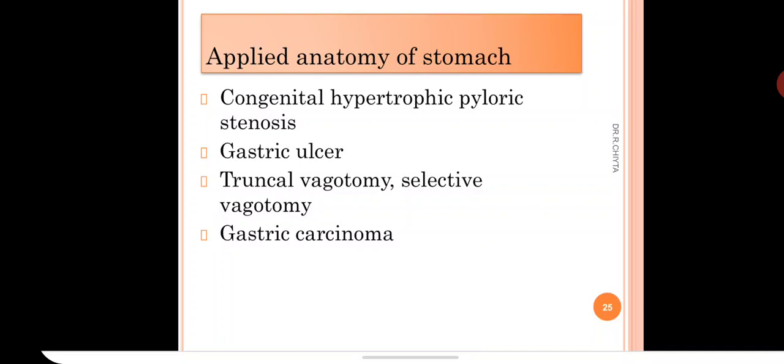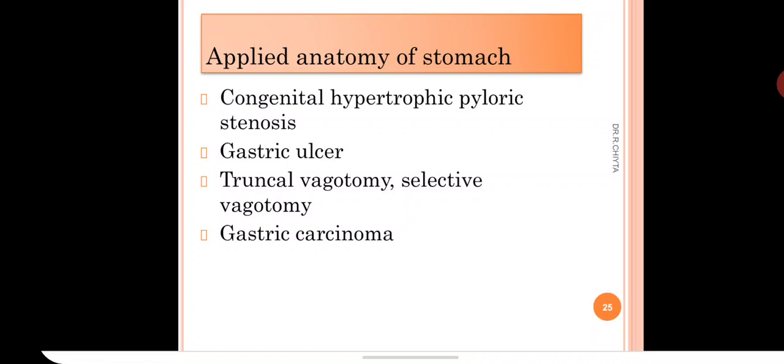These were common surgeries when we were students, but it is rare to see nowadays because of the treatment of the gastric ulcer with modern drugs.